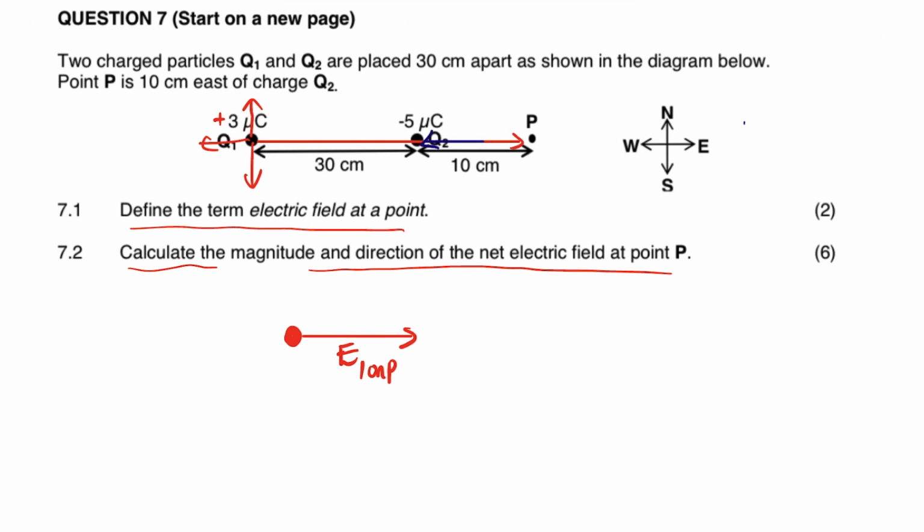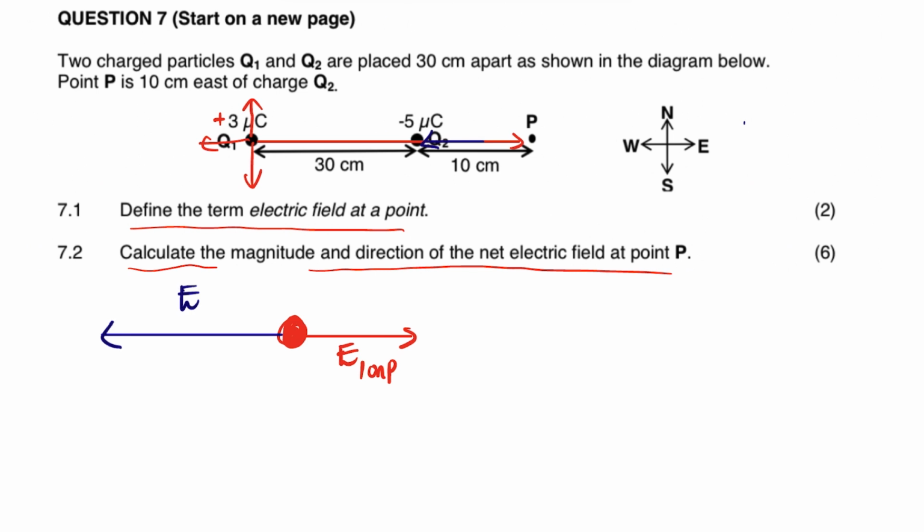Due to the distance, the electric field strength experienced by P due to Q2 is going to be bigger because of the shorter distance, but due to Q1 it's going to be smaller due to the bigger distance, right? So here's the electric field experienced by P due to Q2. It's going to go in that direction, to the left, right?